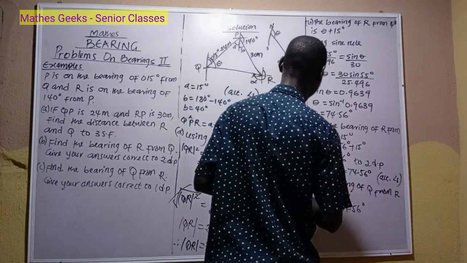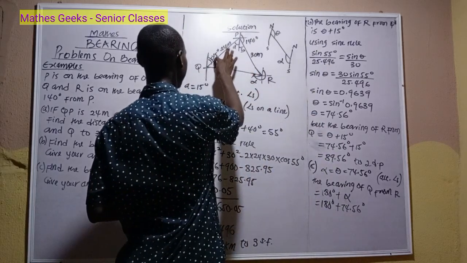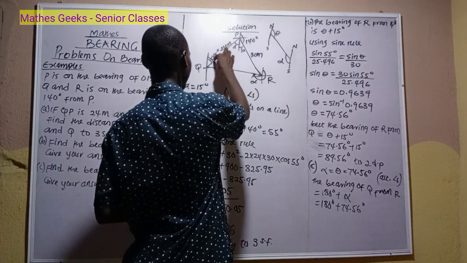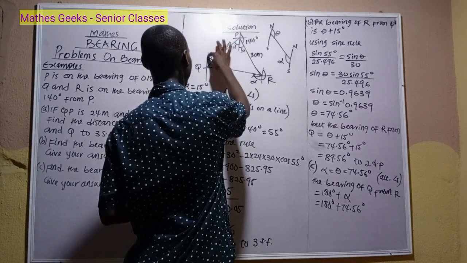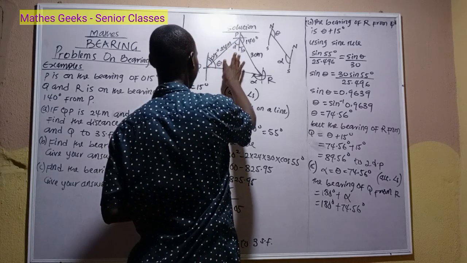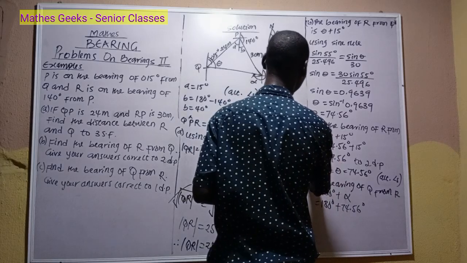Oh, sorry. Theta is only for this angle. That's the angle inside this triangle, between these two lines. So it's going to be from the north to this line. So it's not theta.